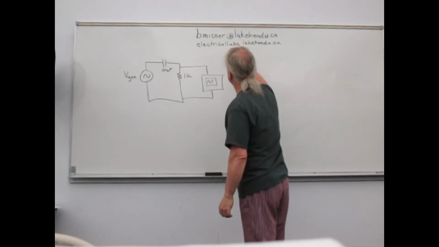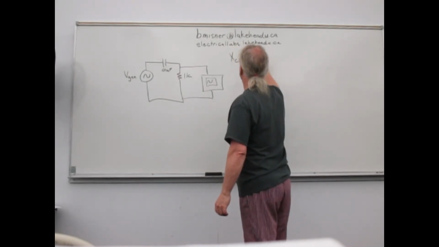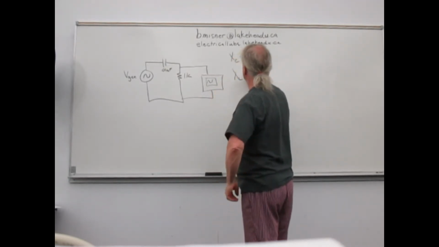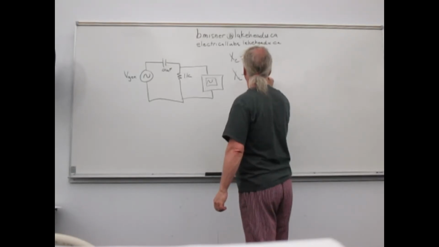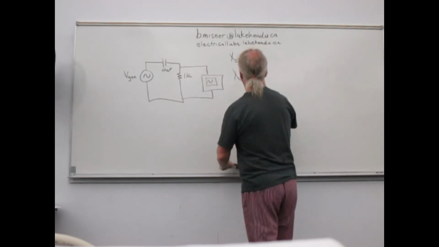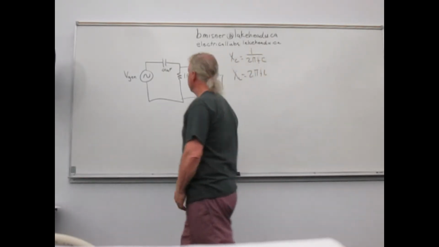XC is equal to 1 over 2 pi FC, and XL is equal to 2 pi FL.